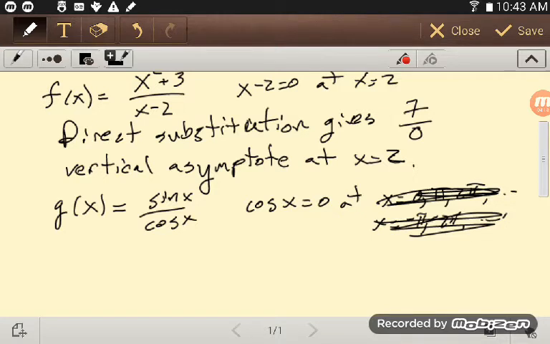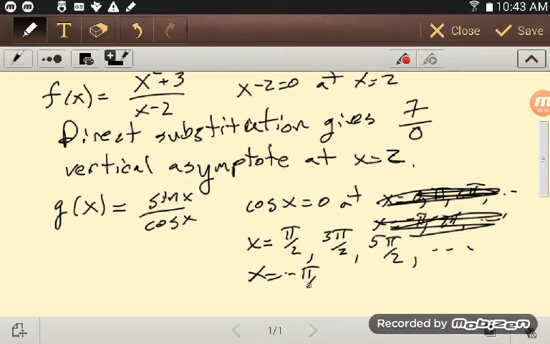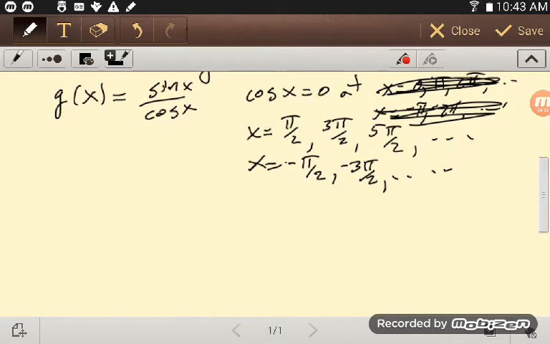So cosine of x equals 0 at x equals pi over 2, at 3 pi over 2, 5 pi over 2, and so forth, but also the negatives of that. Negative pi over 2, negative 3 pi over 2, and so on. But sine is either 1 or negative 1 at all those.